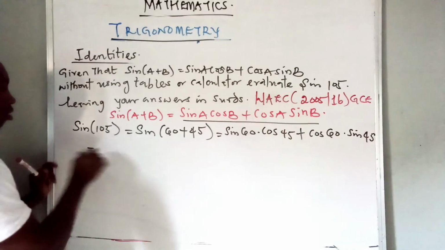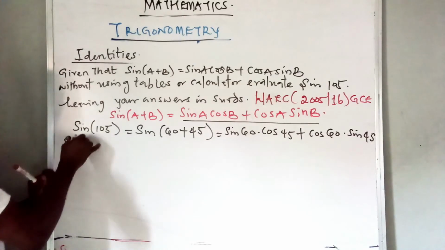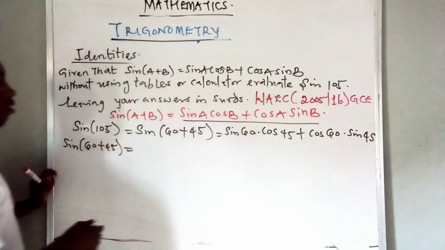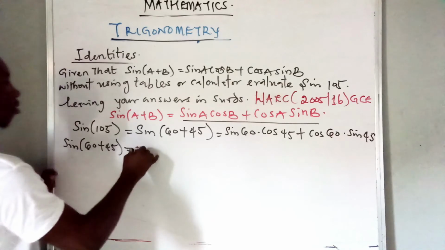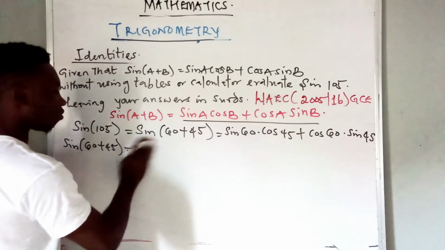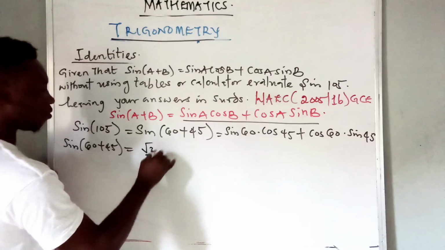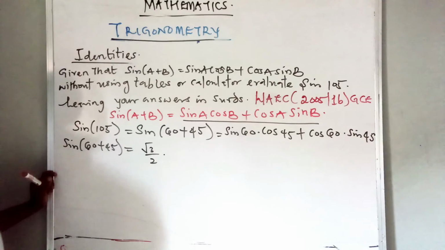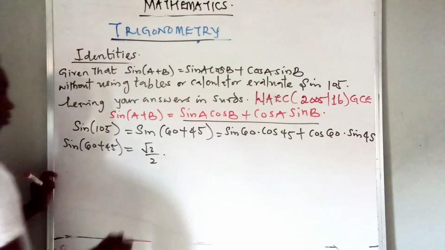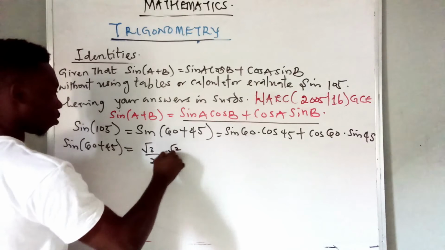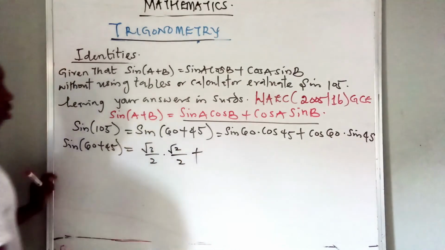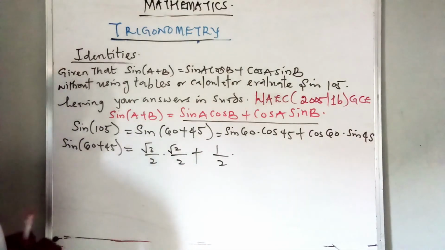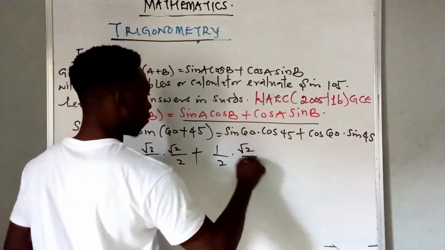So at this junction, what is your sine 60? Sine 60 here is going to give you root 3 over 2 according to your special angles. We've done that. Then your cos 45 is going to give you root 2 over 2, plus cos 60 is going to give you 1 over 2 multiplied by sine 45, which gives root 2 over 2.